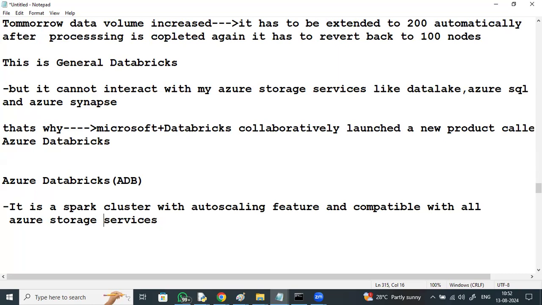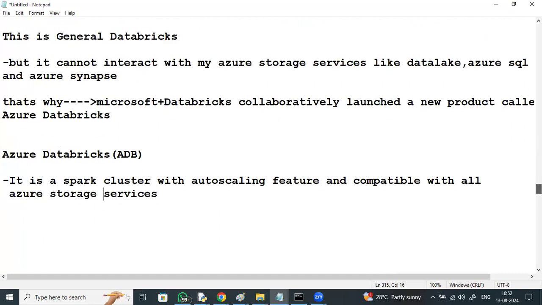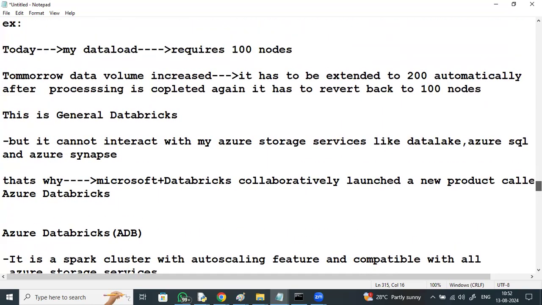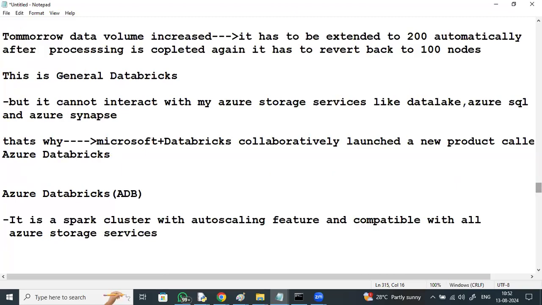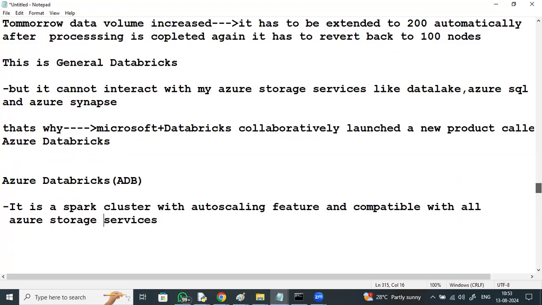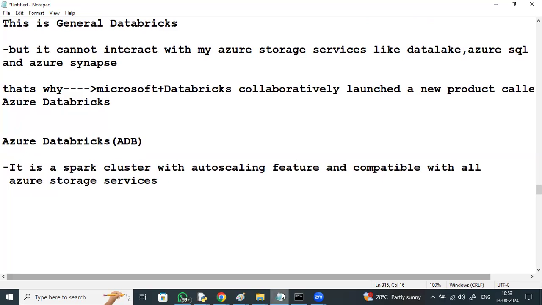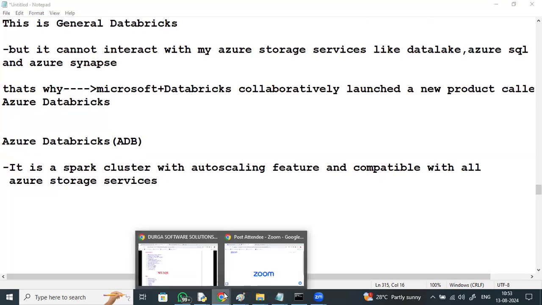So this is regarding Azure Databricks, a Spark cluster with auto scaling feature whenever required, and compatible with all Azure storage services. Once again, you can check this. This is the course content I'm going to discuss.